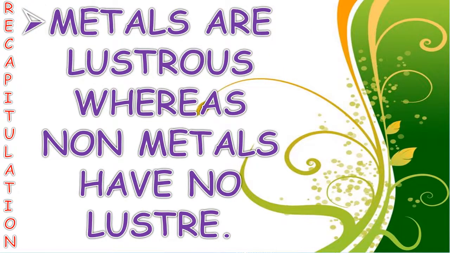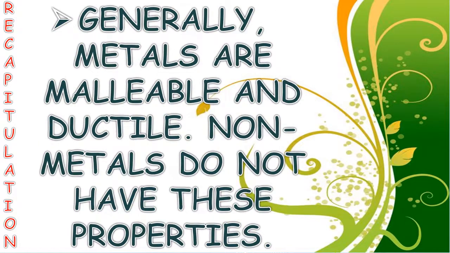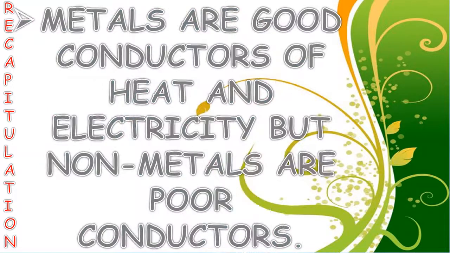Metals are lustrous, whereas non-metals have no luster. Generally, metals are malleable and ductile. Non-metals do not have these properties. Metals are good conductors of heat and electricity, but non-metals are poor conductors.